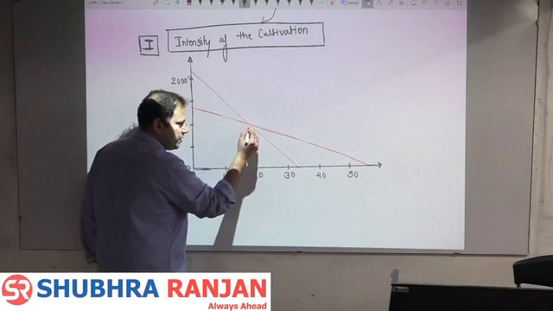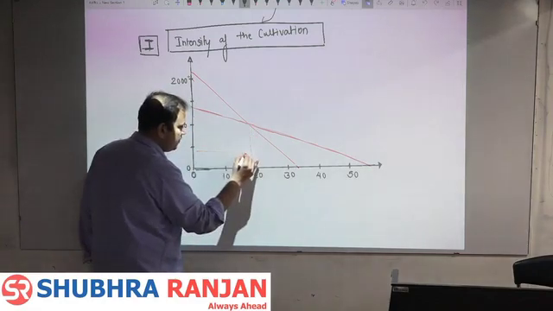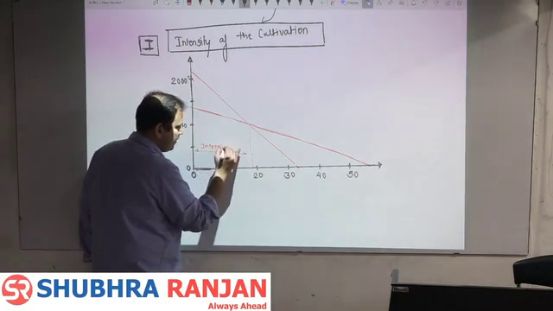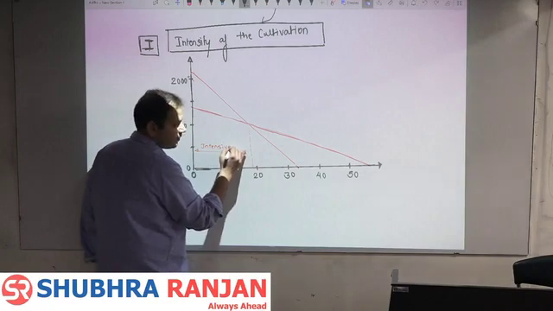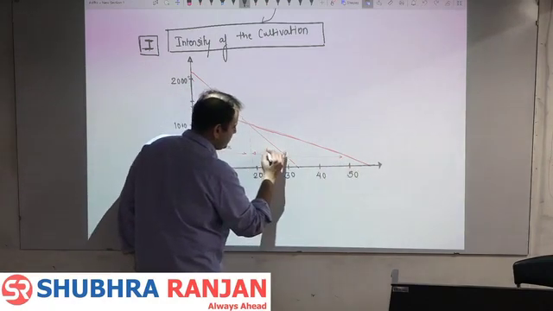The point where these two join each other is the limit of intensive cultivation, and this is the region जहाँ पे extensive cultivation should be done.